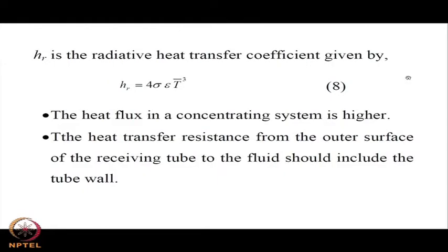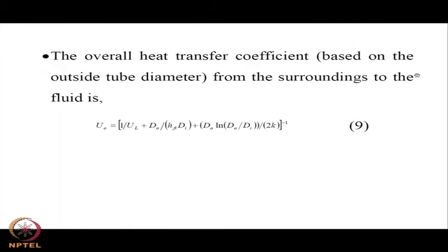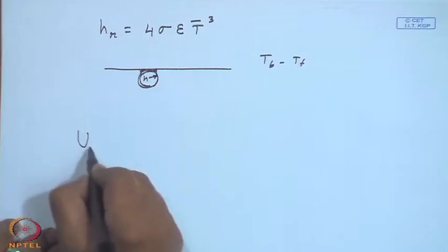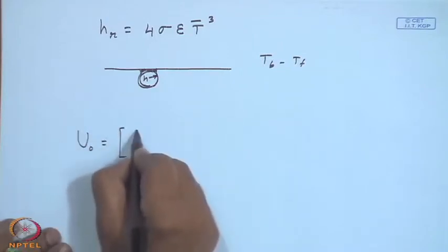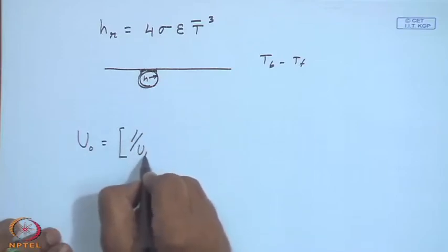But now my fluxes are larger, which calls for including the tube resistance also. So, now we can write down a U naught, which you know already. I will tell after writing down this expression.